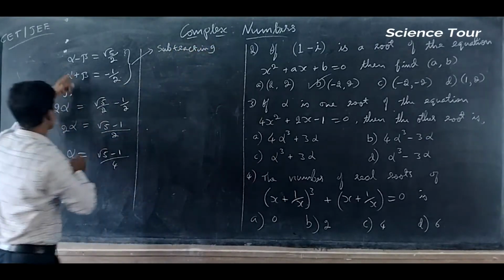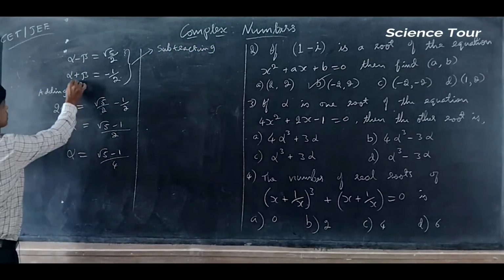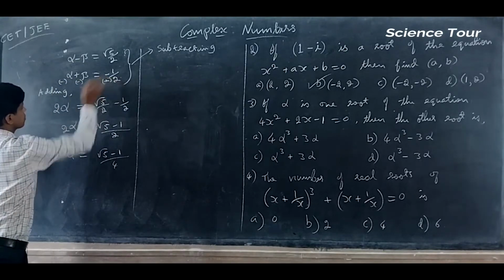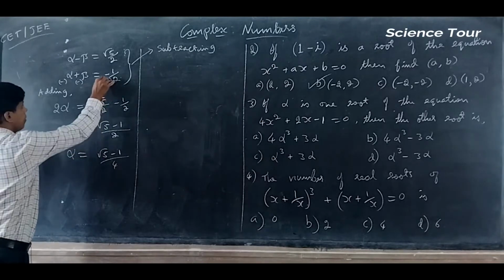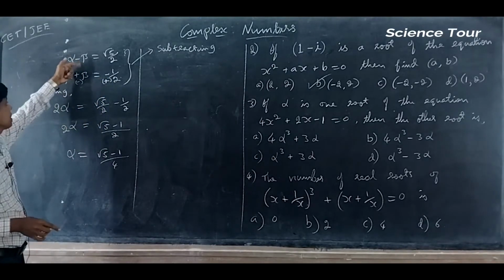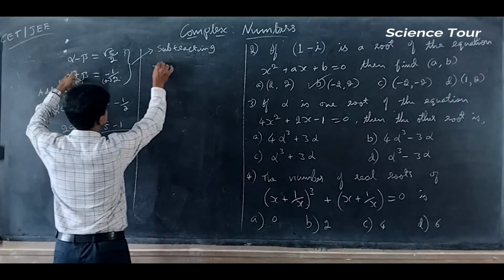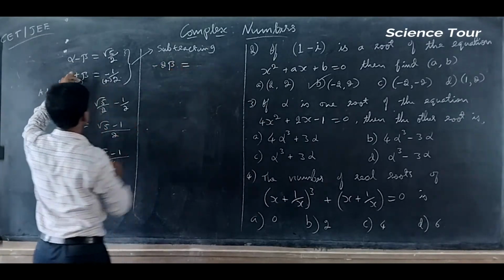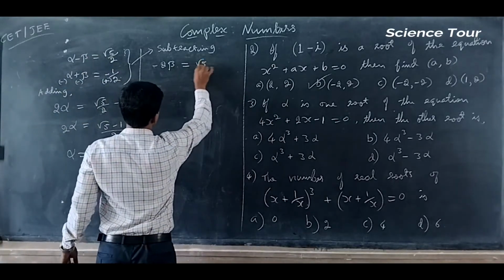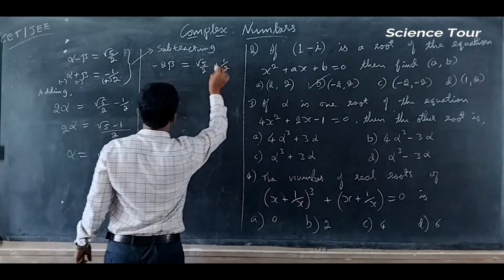So subtracting, this will change the signs, correct? This becomes plus. All right, now alpha minus alpha cancel, minus beta minus 2 beta, and this is plus and that's also plus. So root 5 by 2 and plus 1 by 2.